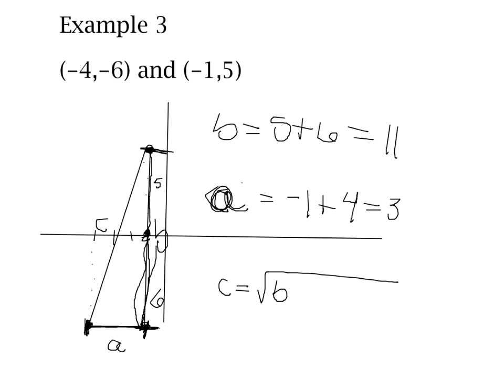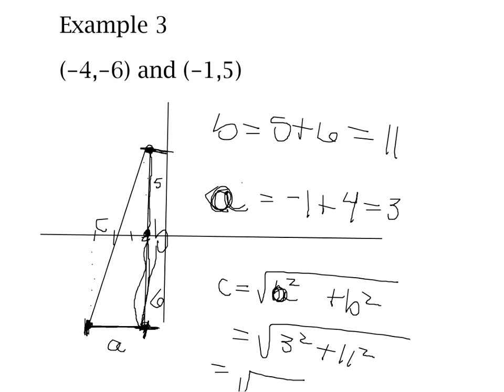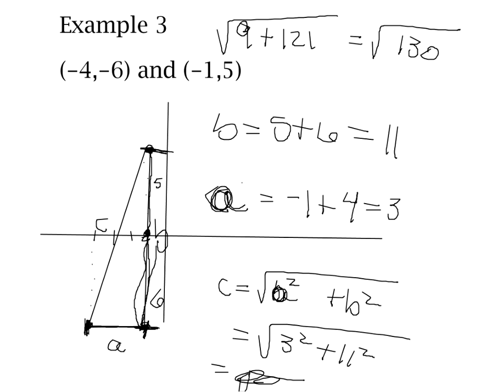So my hypotenuse is the square root of A squared plus B squared, which is 3 squared plus 11 squared. 3 squared is 9, 11 squared is 121. So that is 130. So the hypotenuse, or the distance, is the square root of 130. Alright, that's the distance formula.